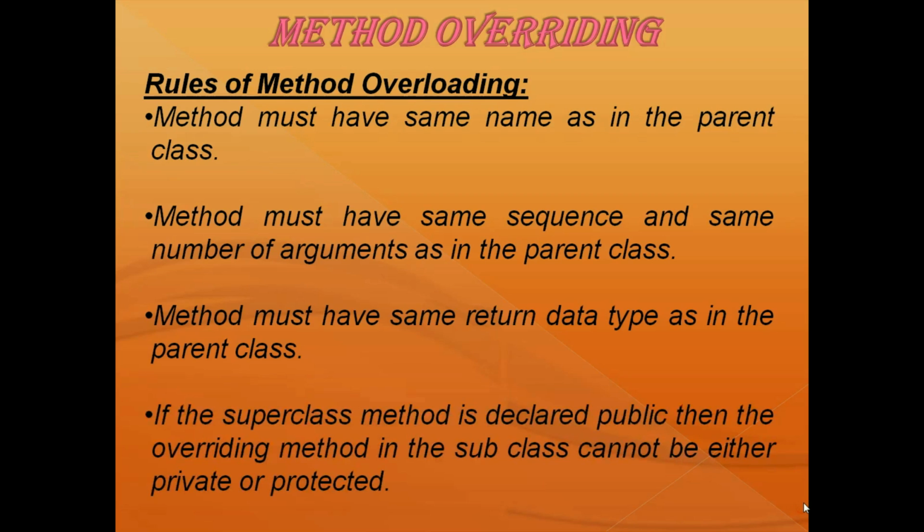If the superclass method is declared public, then the overriding method in the subclass cannot be private or protected. If you try to make it private inside your subclass, that is not valid. The compiler reports an error because you are trying to interfere with the polymorphism concept.